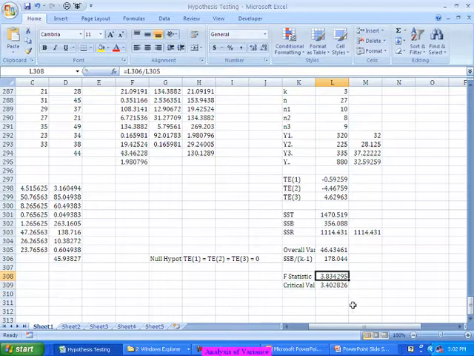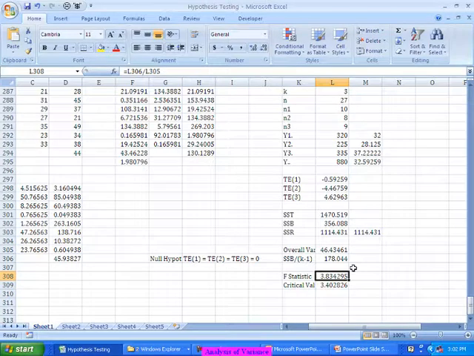Our calculated F value is above the 3.4 limit, which means it is in the critical region or rejection region. So I can very well say at 5% level of significance that there is a significant difference in the means of the data. That is what can be found out.